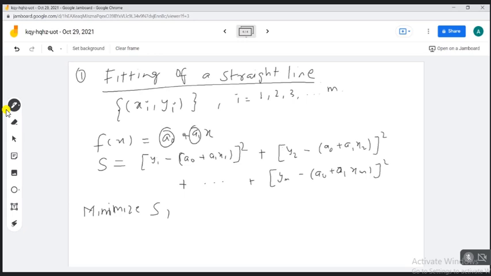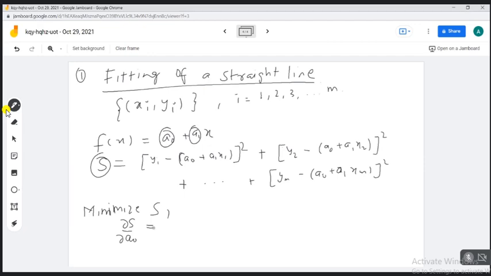So we can consider our function S to be a function of a0 and a1. So we want to minimize S for the coefficients a0 and a1. So we'll find those coefficients. How do we do it? Since S is a function of a0 and a1, we will differentiate S with respect to a0 and with respect to a1, then set those to 0, and we'll get the optimum points from there.